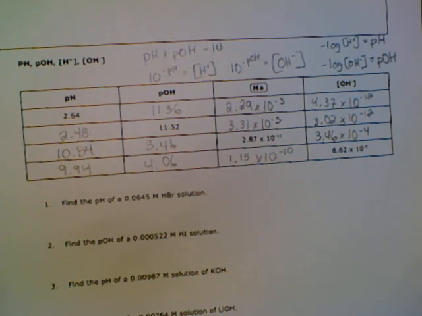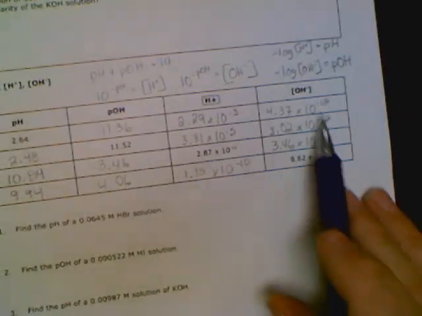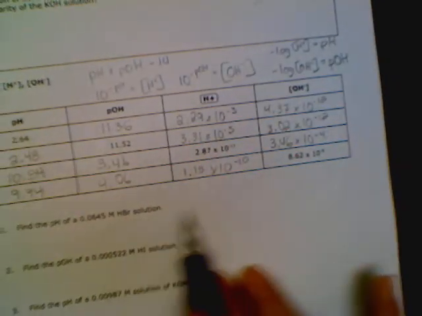There is a way to multiply that. 8.62 times 10 to the negative fifth. Yeah, something like that. Okay, so that is how we calculate all of this stuff.